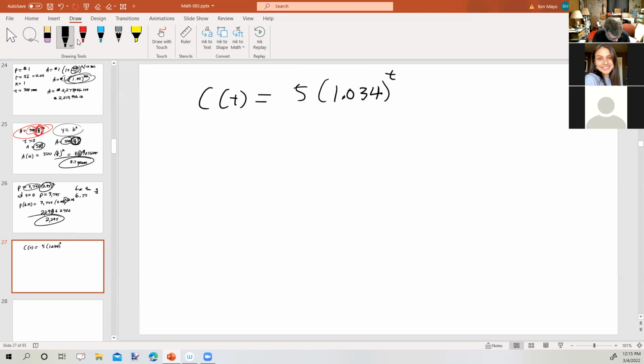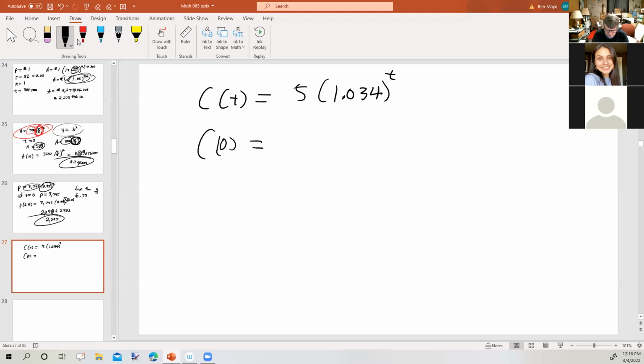Okay. So the initial infection affected how many computers? C of 0.